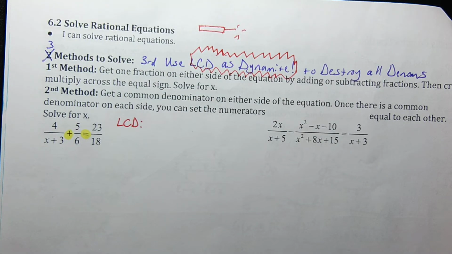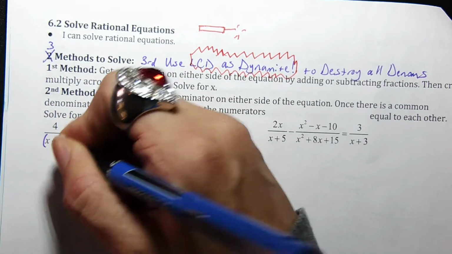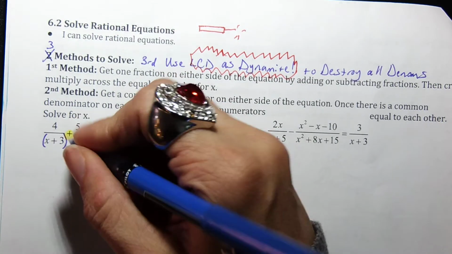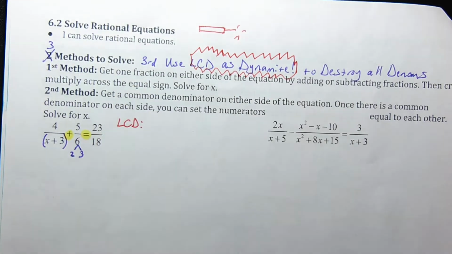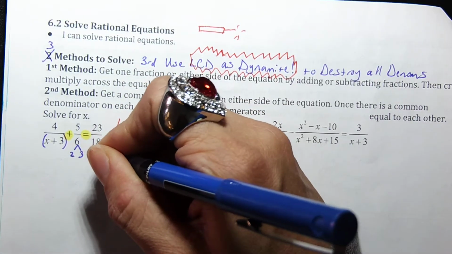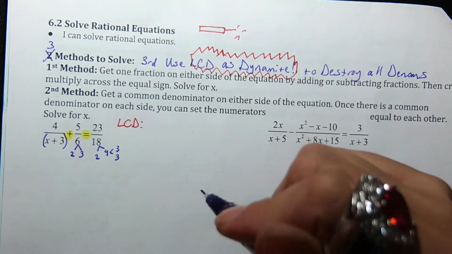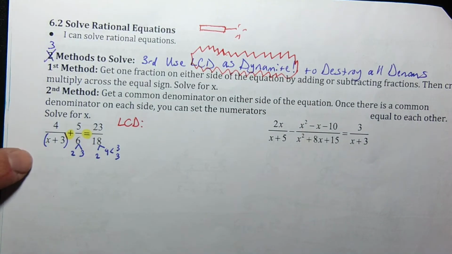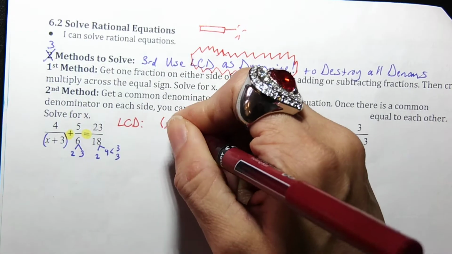So using our strategies from earlier, if I factor this one, well, x plus 3 is just x plus 3. It's its own factor. Now the 6, since it's a monomial, we're going to break that down into 2 and 3. And the 18 we're going to break down into 2 and 9. And the 9 breaks down further into 3 and 3. So trying to figure out what our LCD is for all of these fractions, the greatest amount of x plus 3's we have in one fraction is 1.